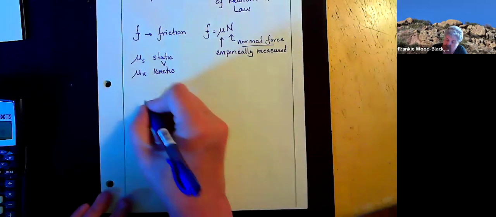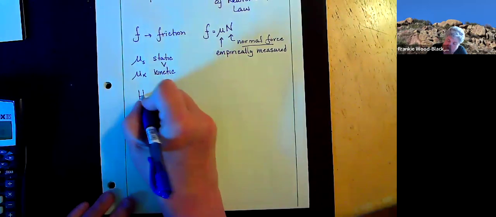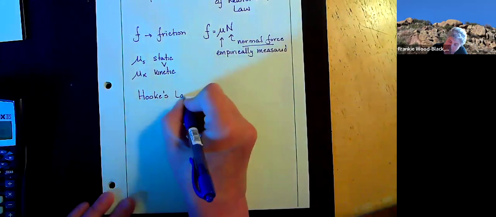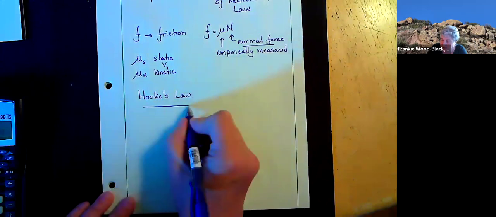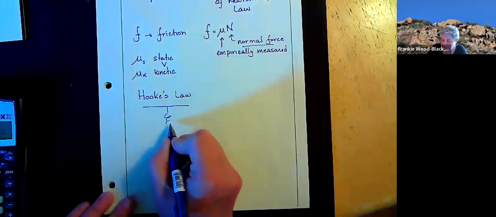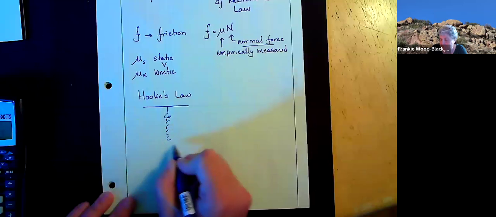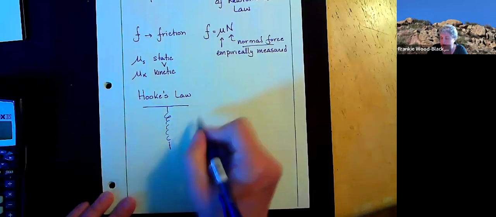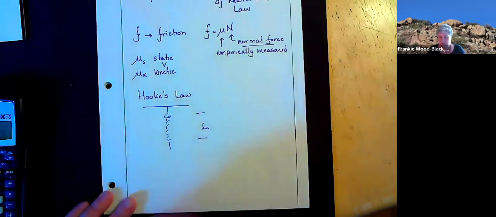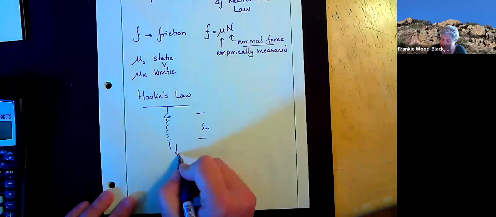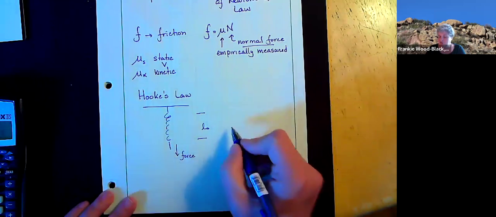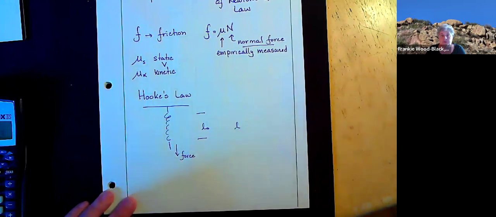We have another force that we need to deal with, and that's Hooke's law. Hooke's law relates to a spring. So if I have a spring that's unstretched, it has a length of 0. Then I'm going to apply a force to it, and I'm going to stretch my spring to a new length.